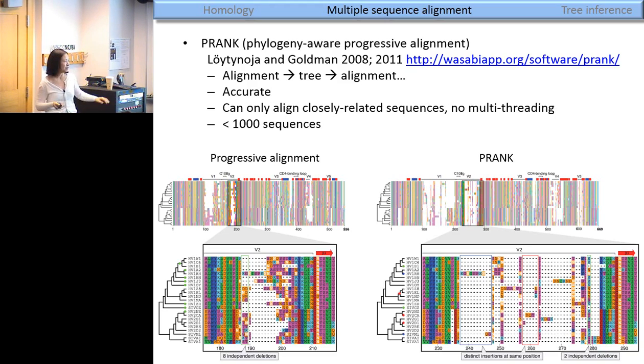It's really odd, even if they are remotely homologous. So one problem with PRANK is that it's slow. There's no parallelization, it's single-threaded, and because it does those progressive things, I wouldn't use it for more than 1,000 sequences. So it actually works well if you have closely related sequences and not too many. You can try it out.